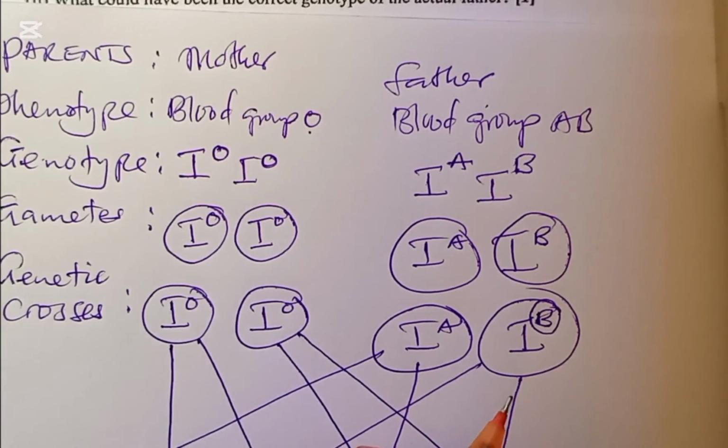Do we have a baby that has blood group O? This is not blood group O. This is not blood group O. This is not blood group O. This is not blood group O either. So therefore, we do not have a baby possessing the blood group O.